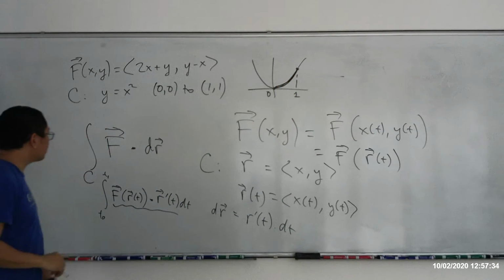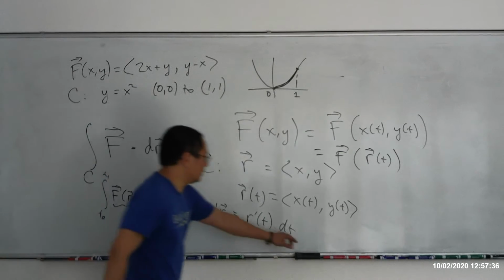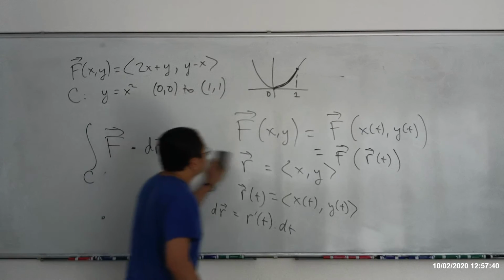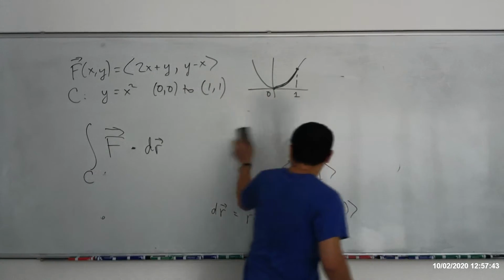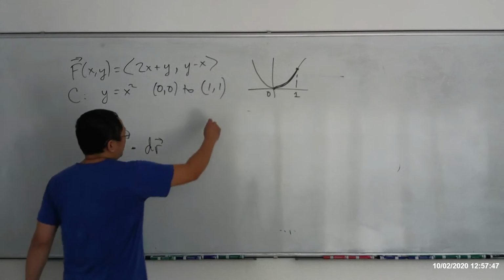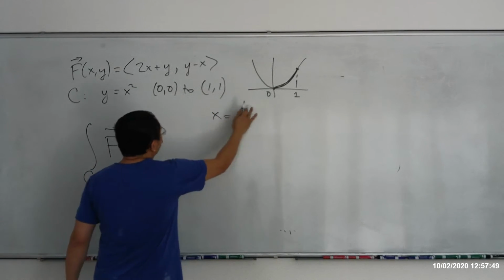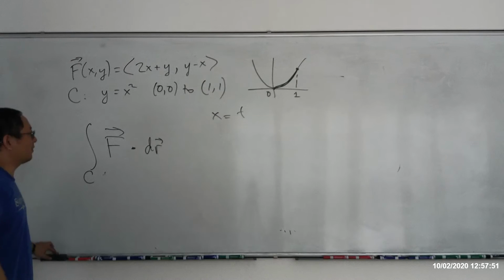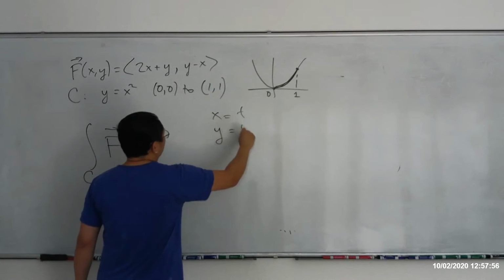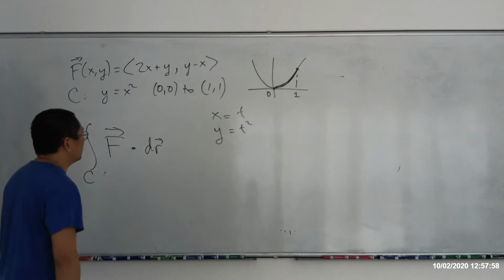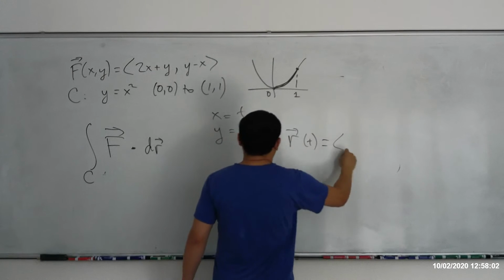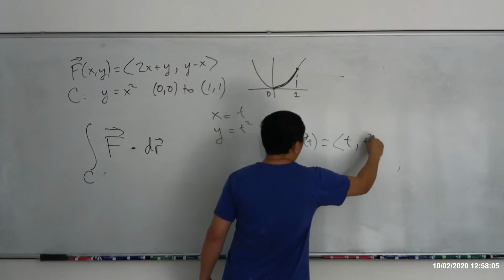So apply it to the line integral of the vector field. As usual, x equals t. It depends on the problem, but this is one of the simplest ways to parameterize. And y equals x squared, so t squared. So r of t is x, y, which is t comma t squared.